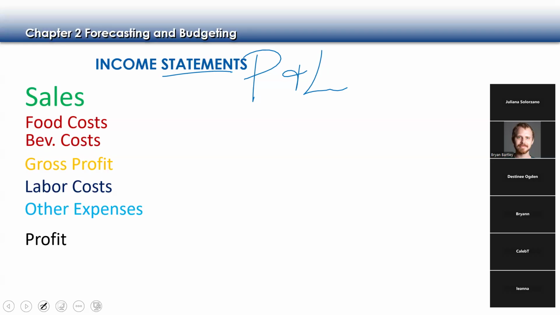And what's on the bottom line? Profit. Okay. Sales, always at the top, because that's the money that everything gets subtracted from.